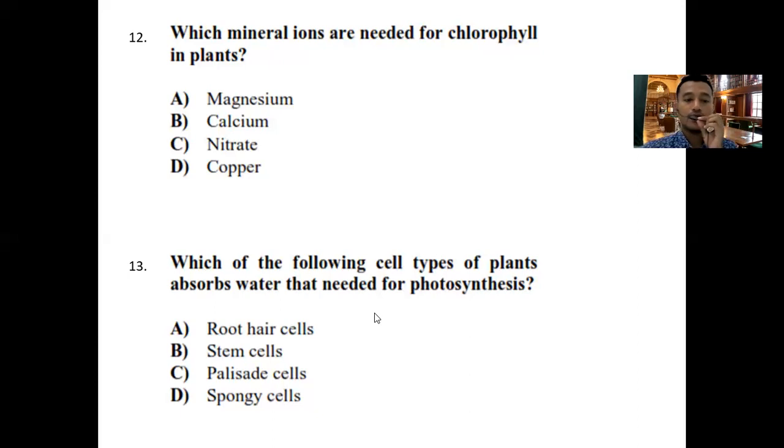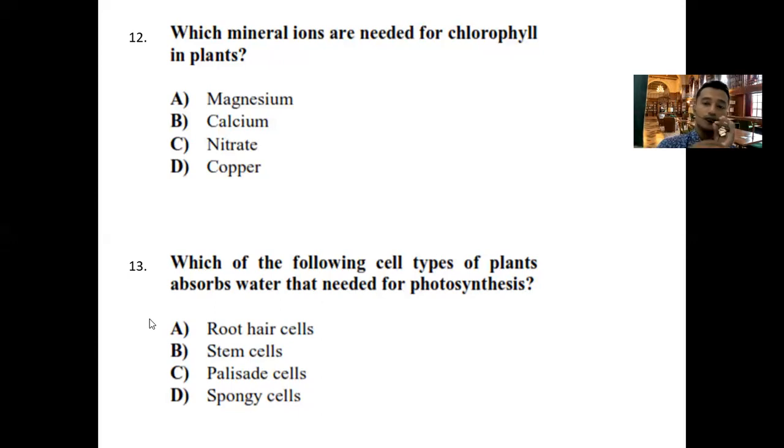All right. The answer is not stem cells, because in the stem there are several tissues, and palisade cells we can find in the leaf, and then spongy cells in the leaf as well. Those are for photosynthesis. But the water needed for photosynthesis is absorbed by the plants through the root, and the surface of the root is covered with root hair cells.